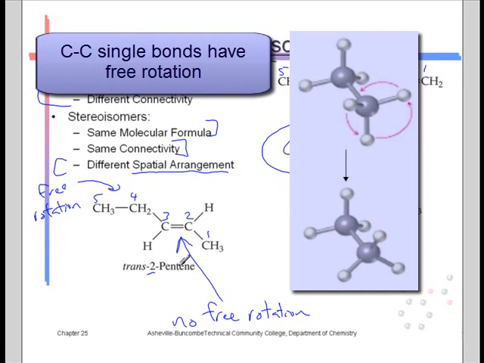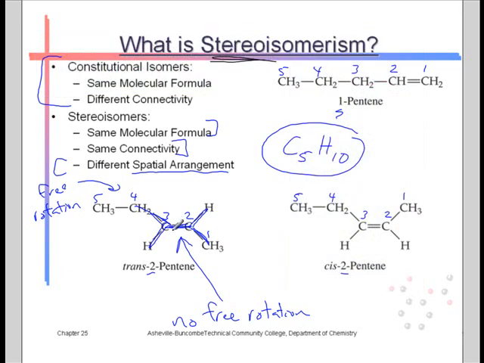There's many different conformational shapes they can take on. There's different rotational and vibrational motions that they can take on. And in the context of stereoisomerism, when you have a double bond in there, you have no free rotation. And I'll bring a model in to show that. But these atoms in this little block here, they're flat, they're planar, they're stuck. There's no way that this thing can rotate.